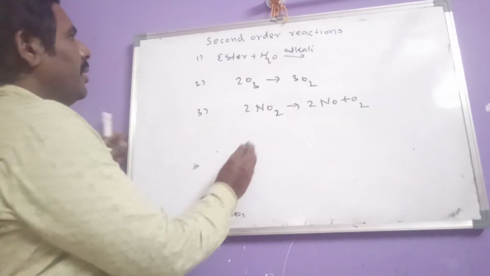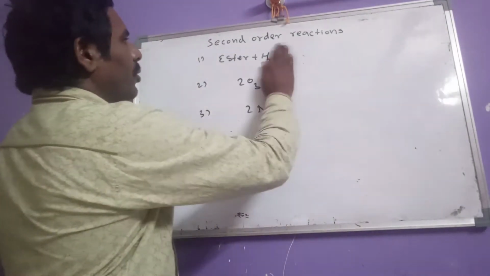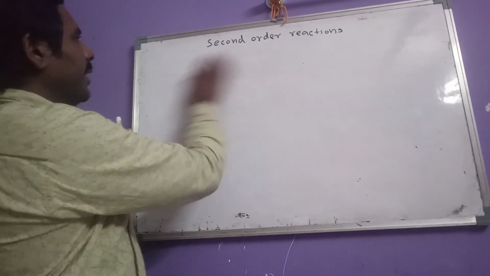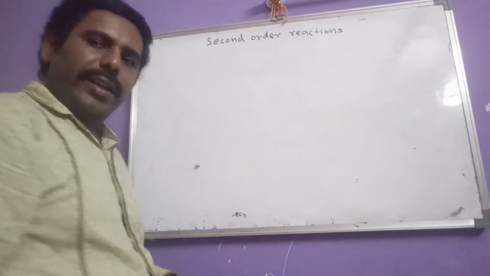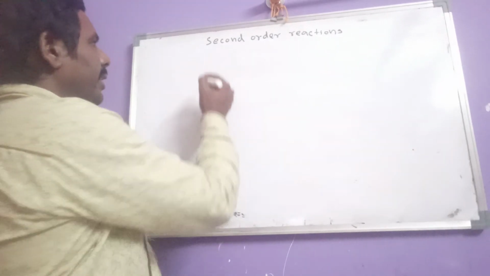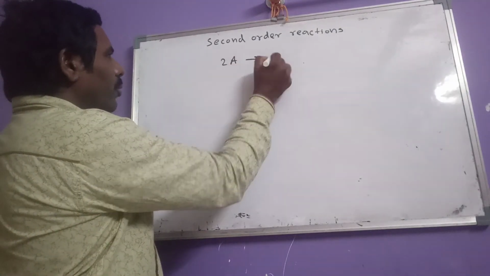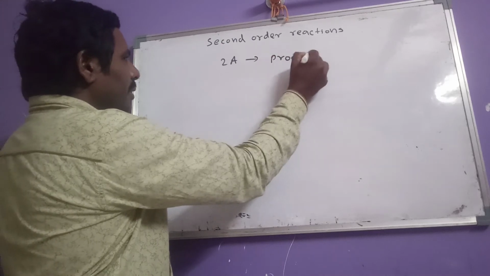Okay, then after that, what is the rate constant expression? Let us see here. As it is second order, we can write 2A gives products.